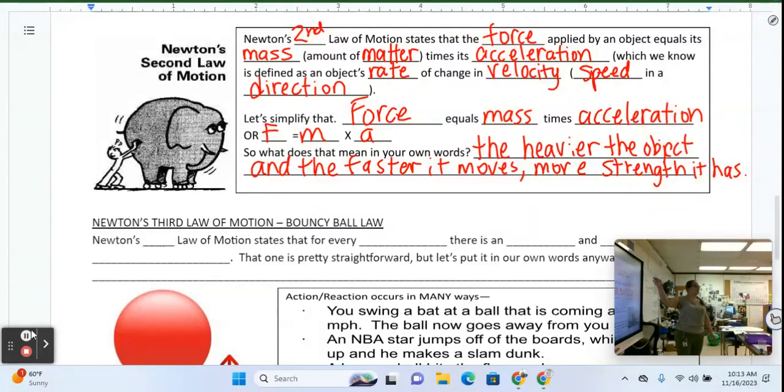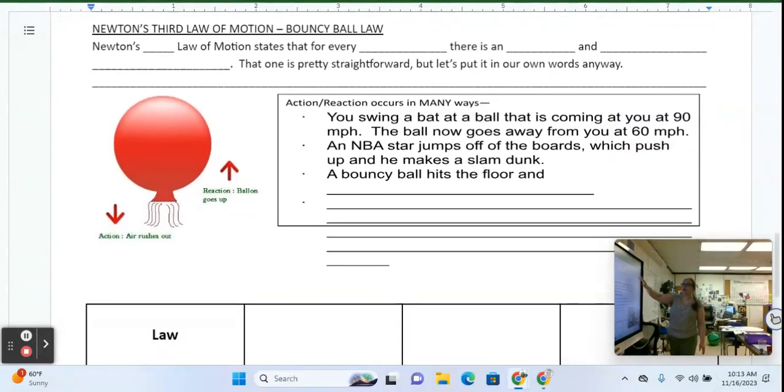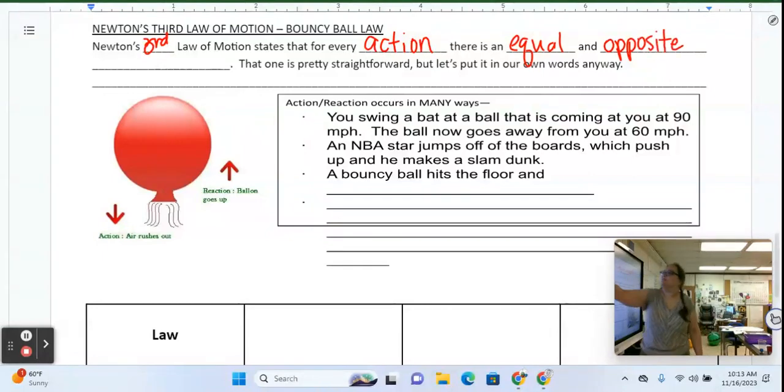Going once, going twice. Newton's third law of motion is the bouncy ball law. Newton's third law of motion states that for every action, there is an equal and opposite reaction.